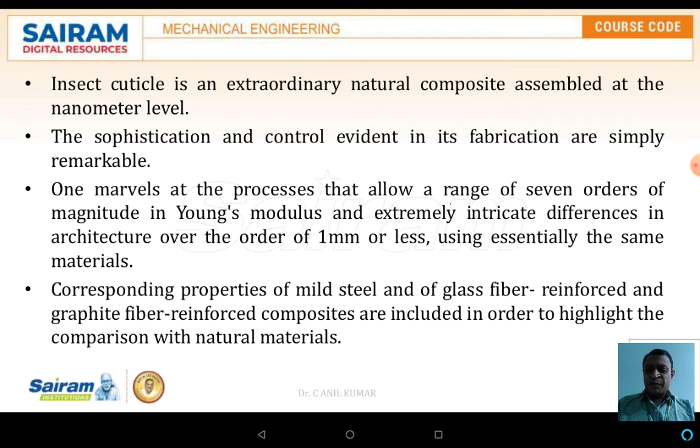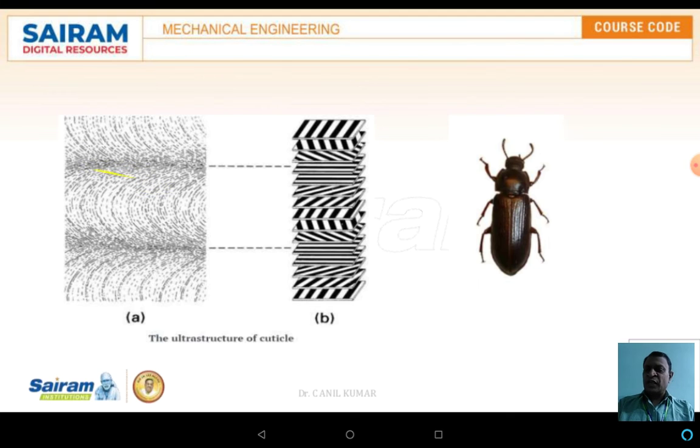The corresponding properties of mild steel, glass fiber reinforced and graphite fiber reinforced composites are included to highlight the comparison with the natural material.